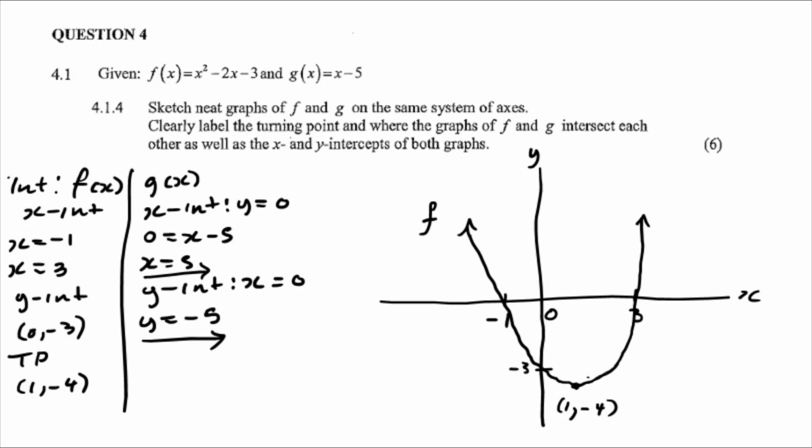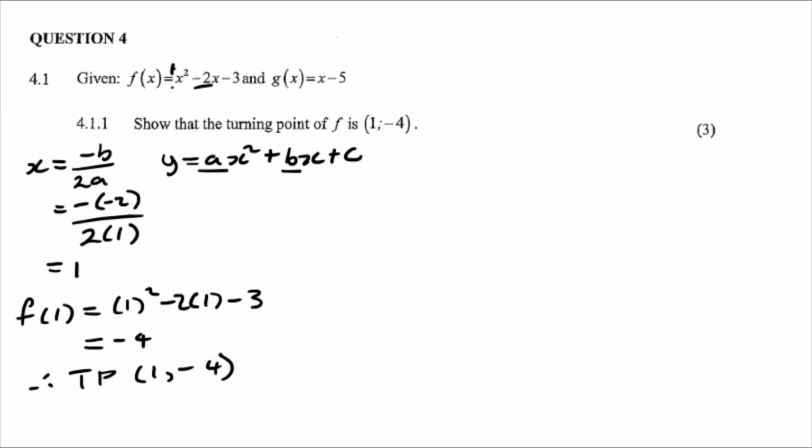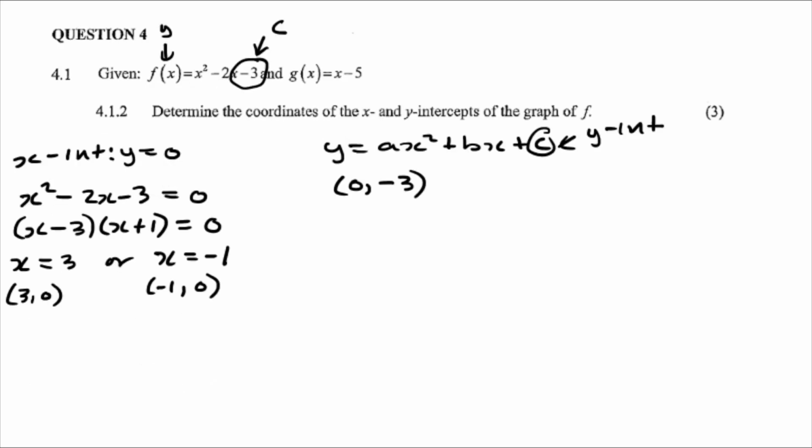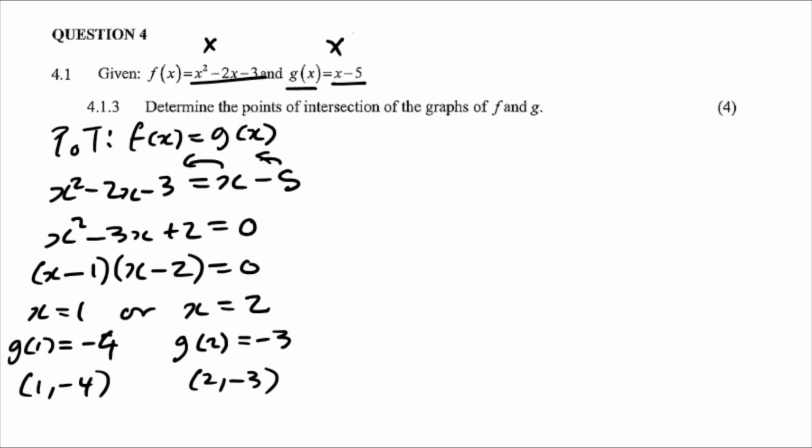But now what we need to notice here is that initially we had proven that this is the turning point of the function, and then now we further agreed that the point of intersection of the two functions is also 1 and -4.